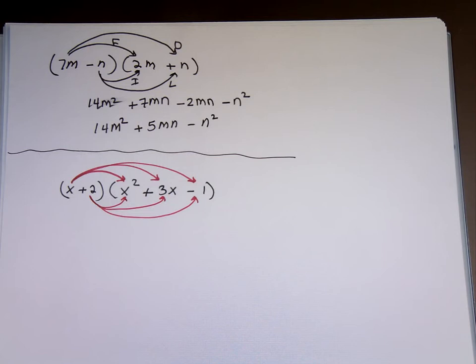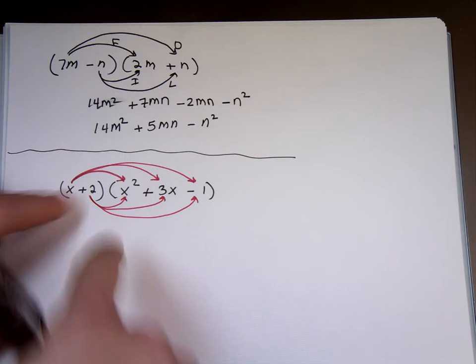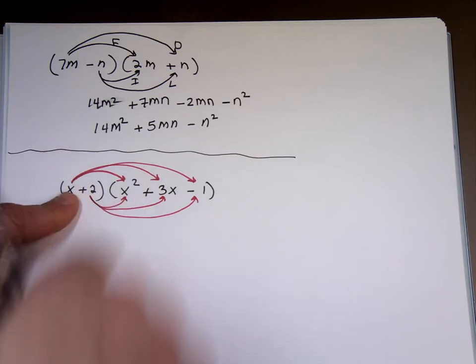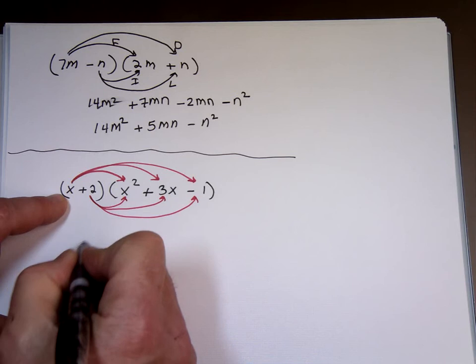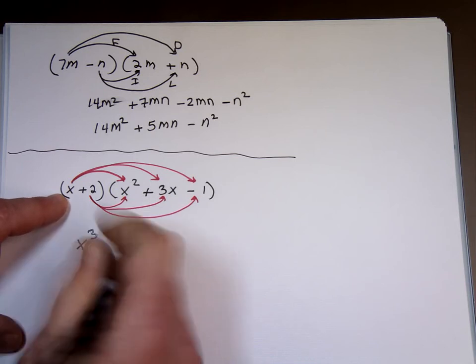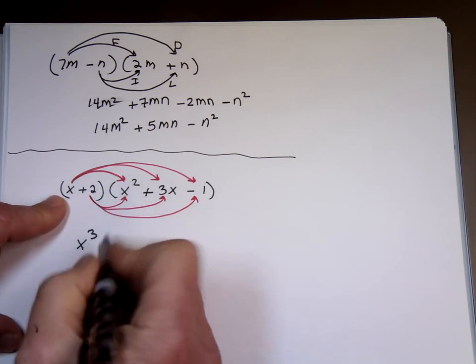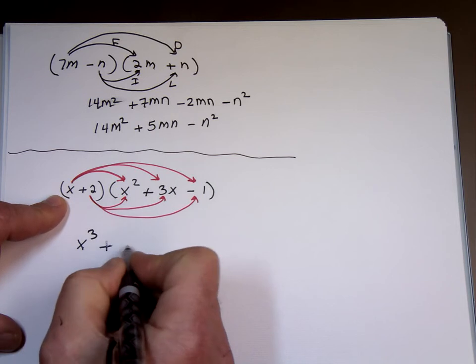So if we do that, what is x times x squared? I'm going the top one. X times x squared is what? X cubed. What's x times 3x? 3x squared.